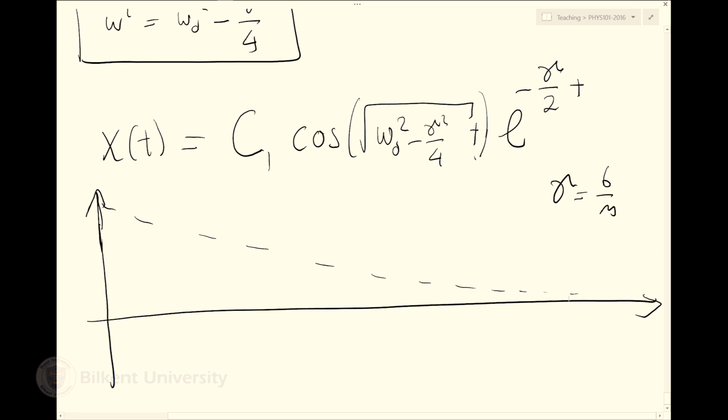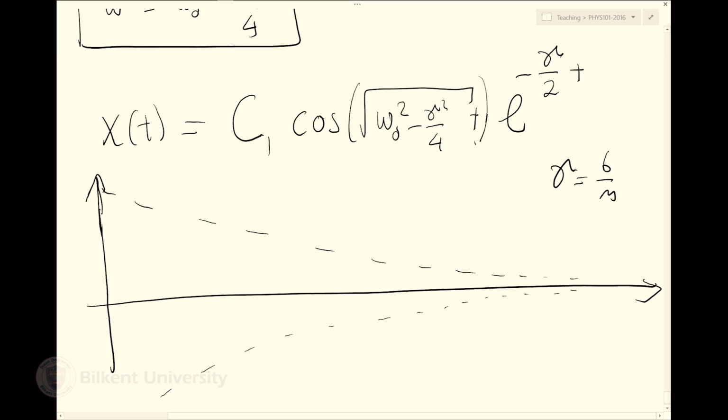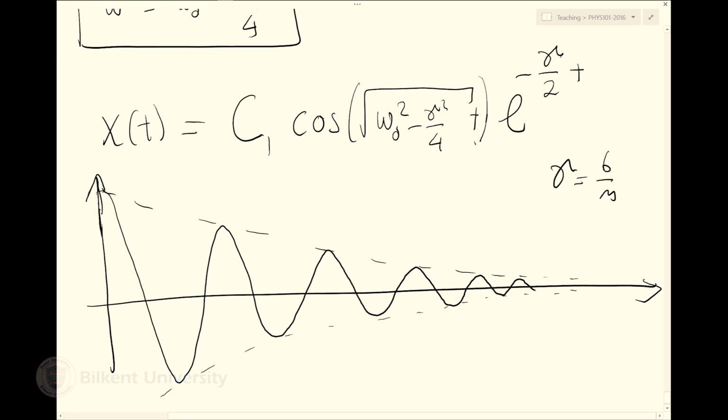It decays to 0, right? So that sort of gives me a bound of how much my cosine can oscillate. And then I have the oscillation of the cosine. Okay. So that's what a damped oscillator looks like.